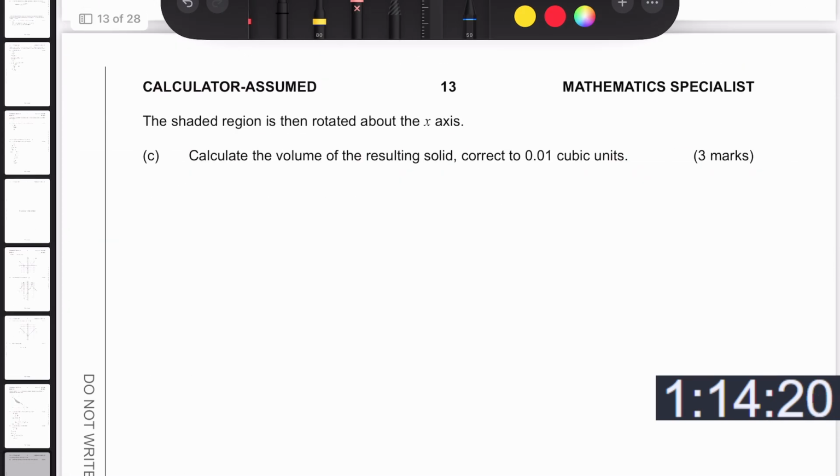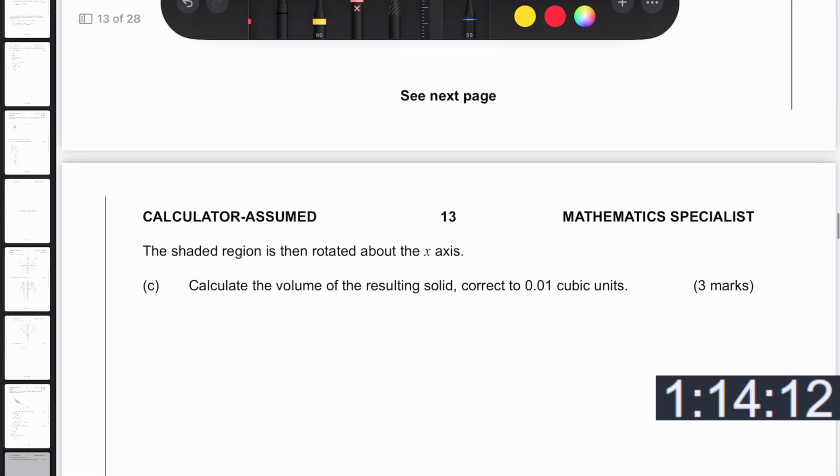The shaded region is then rotated about the x-axis. Calculate the volume of the resulting solid, correct to 0.01 cubic units.